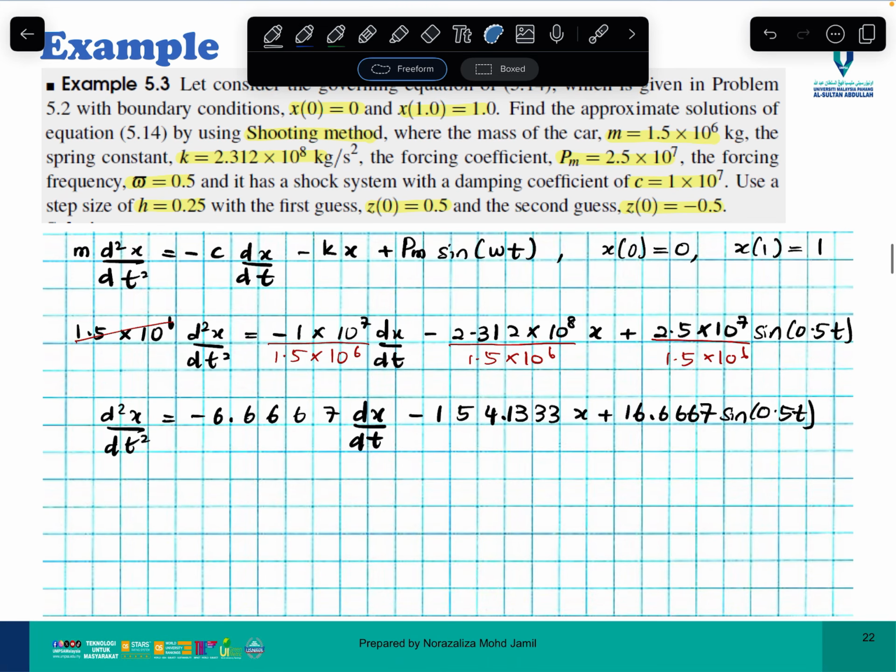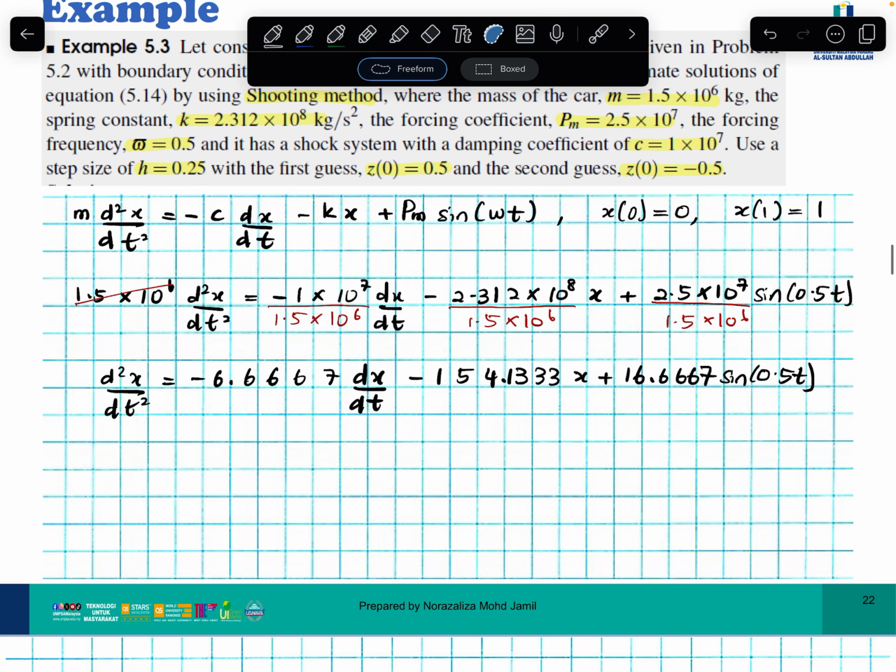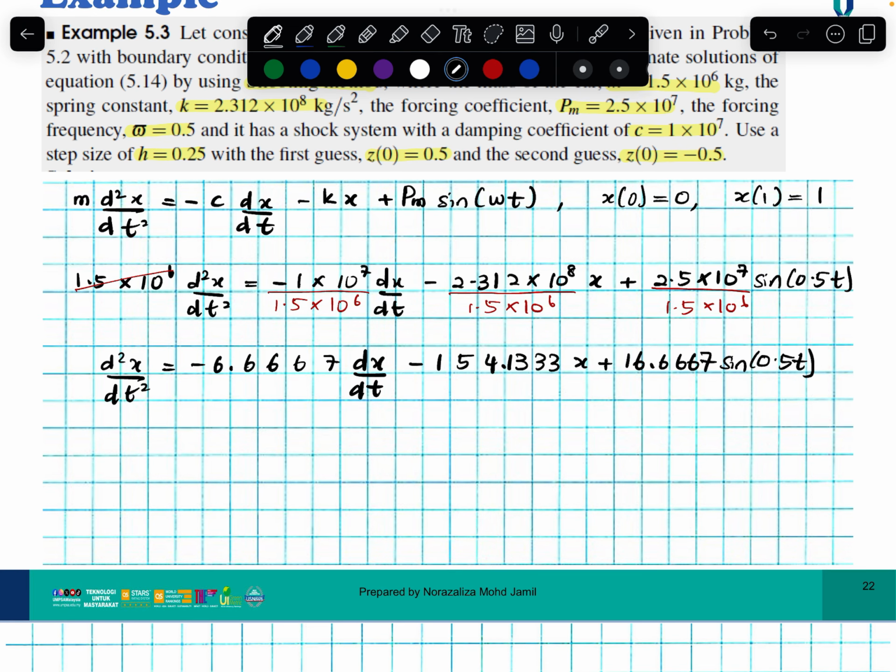Okay, so based on this problem, we want to use the shooting method. Remember, the shooting method has 4 steps. Number 1, introduce z equal to dy/dx. Step number 2 is the first guess, and we will solve by using Euler method.